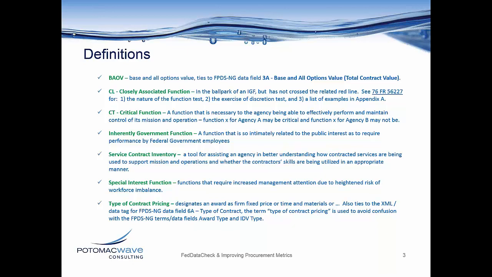When you designate an award as performing closely associated functions, what you're signaling is that the contractor is performing support work that is in the ballpark of an inherently governmental function, but it does not cross the line. It should never cross the line.